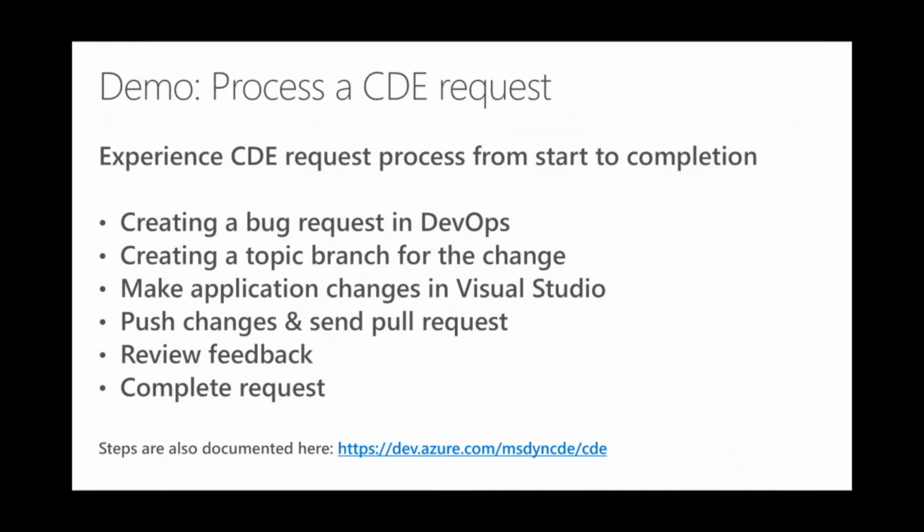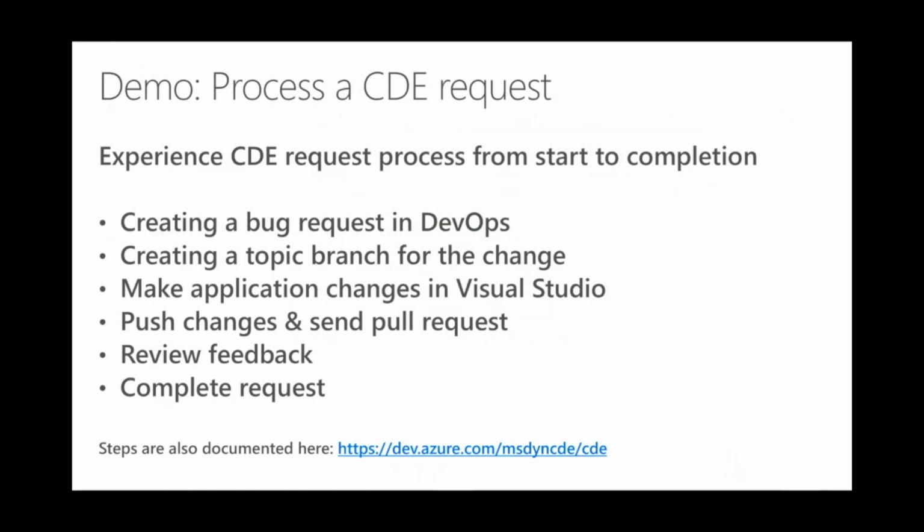So with that, I would like to turn to doing a demo so you can get a sense of what are really the steps and flows that you will be going through as you are working with a request. I will be going through the process from initially creating a bug request in the DevOps CDE project.